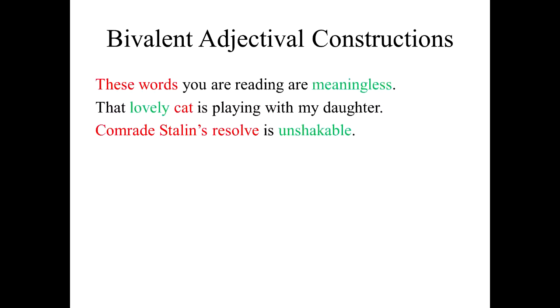But what exactly are bivalent adjectival constructions? Well, adjectives usually appear only with one argument. That is to say, they are usually monovalent. For example, these words you are reading are meaningless. That lovely cat is playing with my daughter. Comrade Starling's resolve is unshakable.